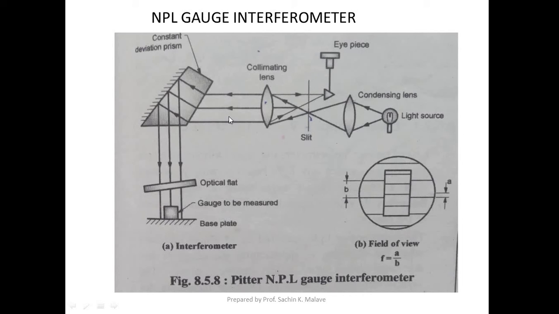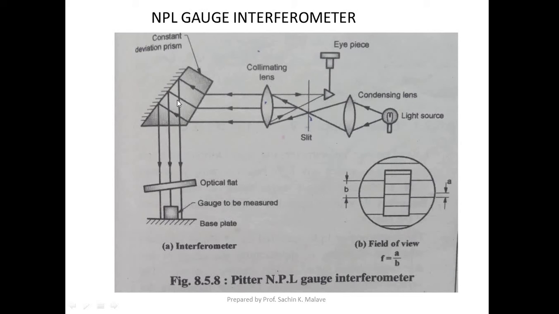So the light from the collimating lens falls on a constant deviation prism. You can see here, this itself is called a constant deviation prism. It is a different type of prism, remember that from the previous one. This constant deviation prism can be rotated in such a way that each wavelength can be independently used.